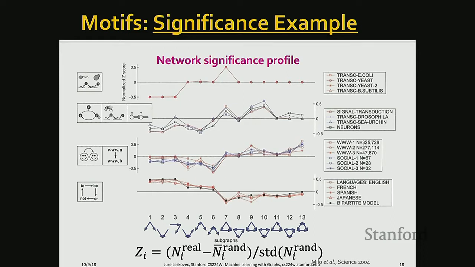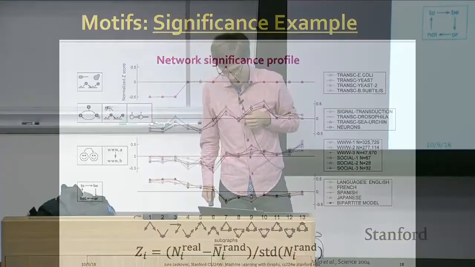The z-scores here are normalized in such a way that the sum of their squares is 1. And that's essentially what this is, okay? What is impressive here is that you can take very different networks, and different classes of networks have a different profile, a different description, okay?